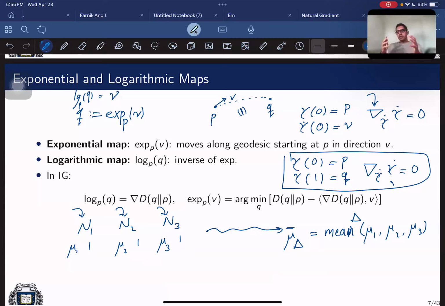You are changing the geometry. So it's very funny. If someone comes up with the following answer, that mu1 plus mu2 plus mu3 over 3 is essentially the mean of all of this, it is the mean of all of this, but this is the exponential parameterization that gives you this mean.